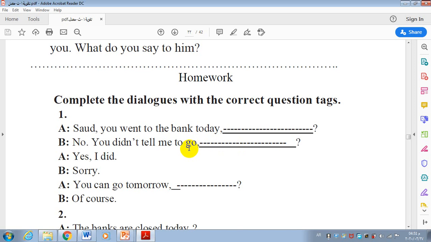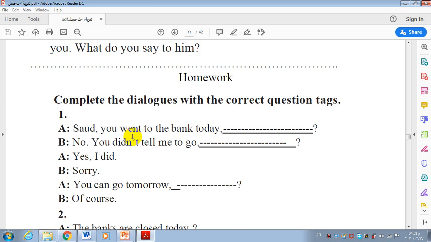And I told you that if there is no helping verb, we must look at the main verb to take the helping verb do, does, or did.